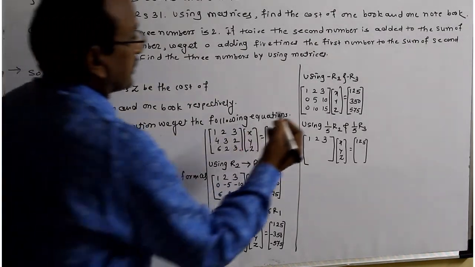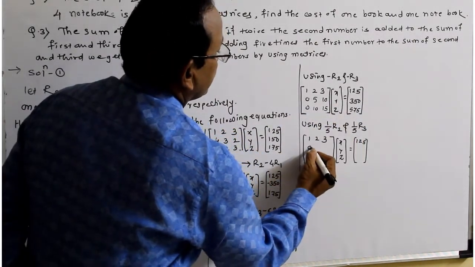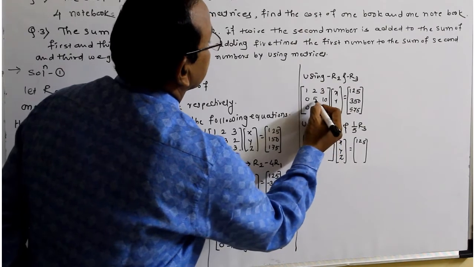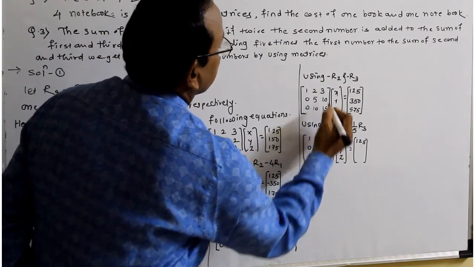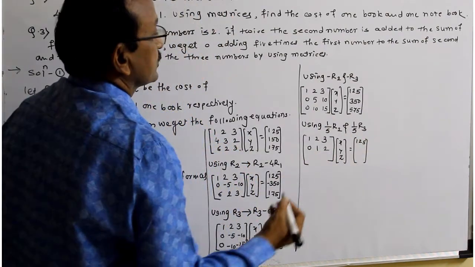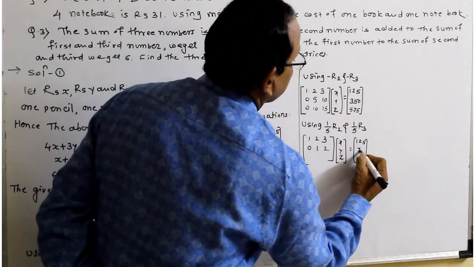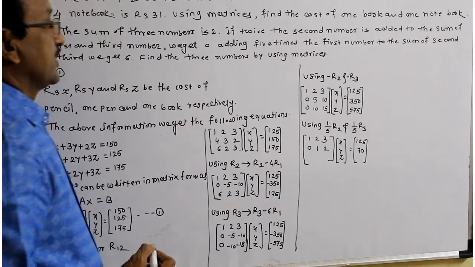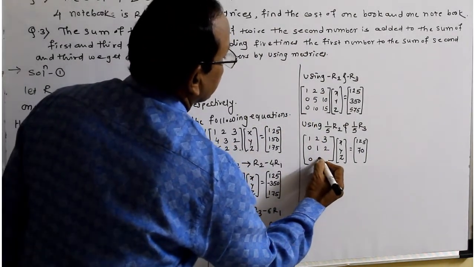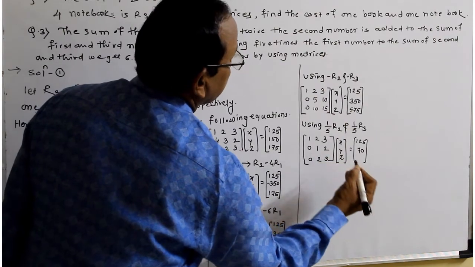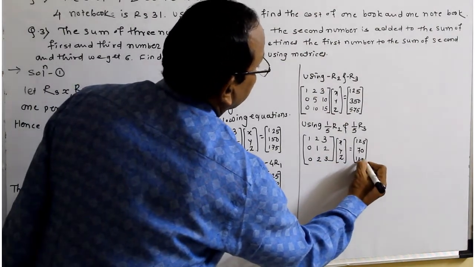Now divide by 5 here: 0, 5 upon 5 is 1, 10 by 5 is 2, then 70. Then divided by 5 here: 0, it is 2, it is 3, and then it is 115.